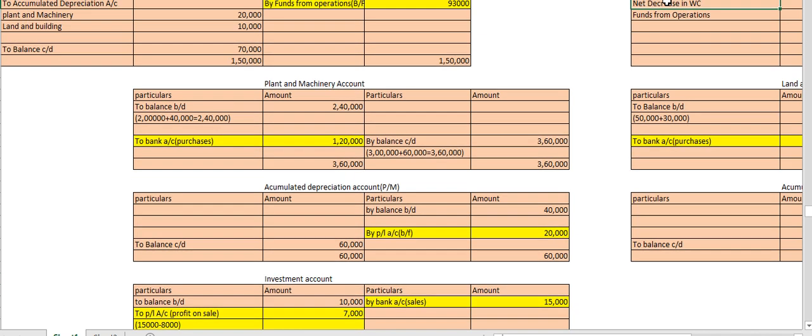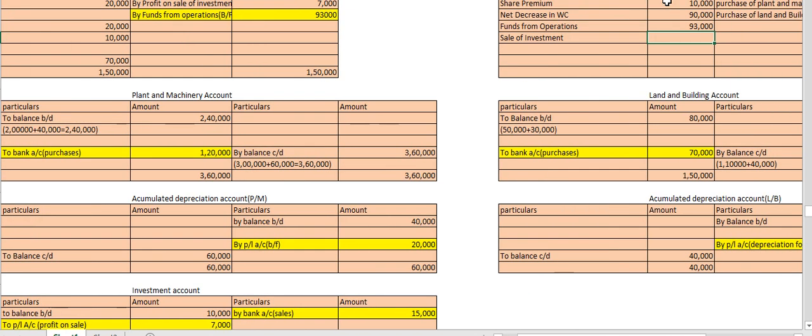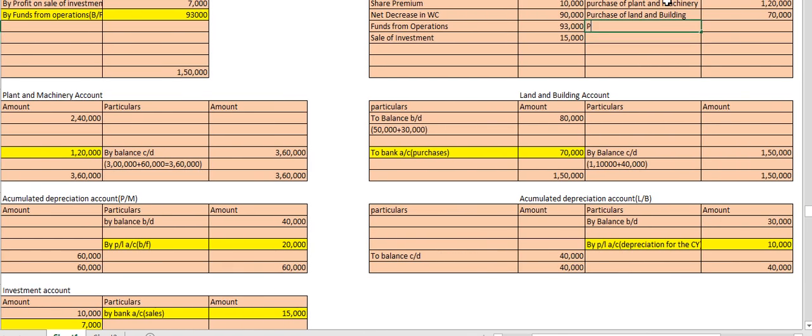So sale of investment is 15,000 and the purchase of investment is 48,000.